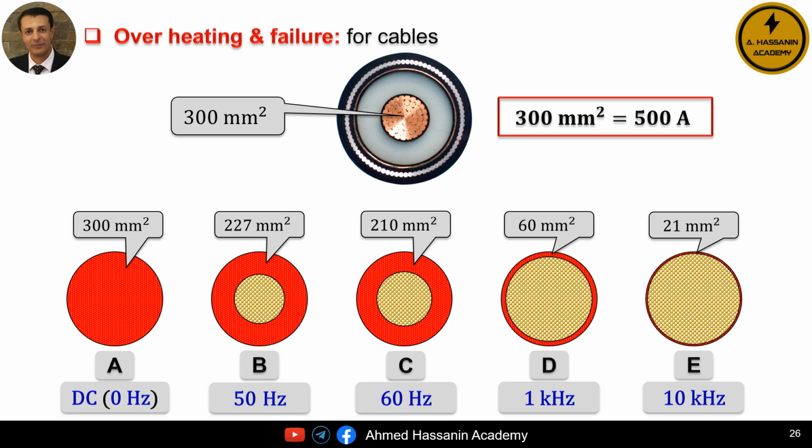This occurs because of the increase in the skin effect, which reduces the effective cross-sectional area required due to the increase in harmonics and varying frequencies. Therefore, it is very important to avoid the increase in harmonics and consequently the increase in frequencies and thus the increase in the skin effect phenomenon.